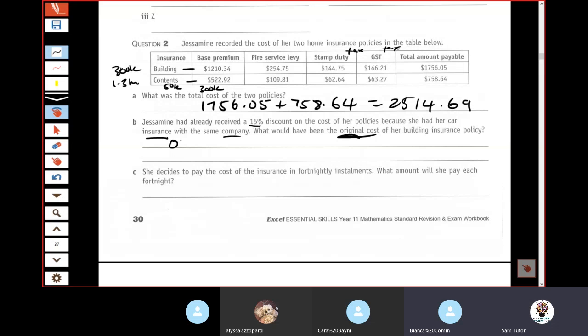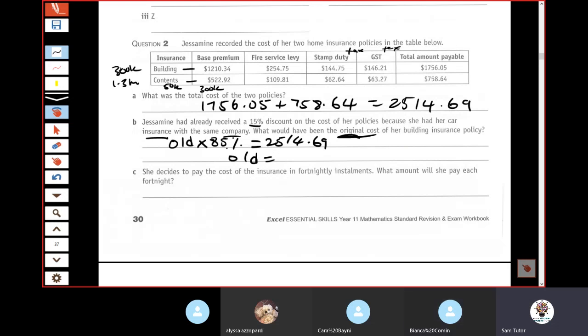The old, that's the one, beautiful. Old times, what would the percentage be? 85 equals 2,514.69. When you know it, don't overthink it.